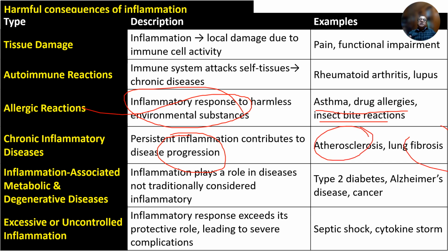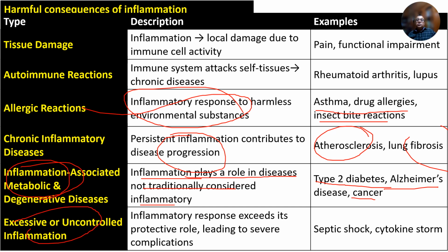Then inflammation can be associated with metabolic and degenerative diseases. Inflammation usually plays some part in these conditions, but these conditions are not traditionally considered as inflammatory diseases. The examples are type 2 diabetes, Alzheimer's disease, and cancer.